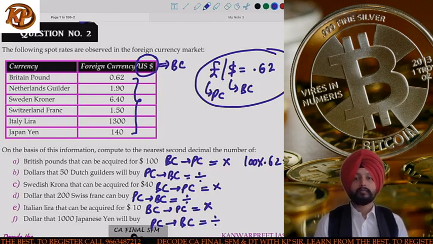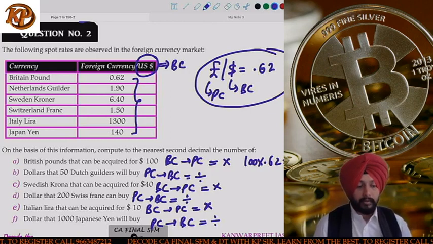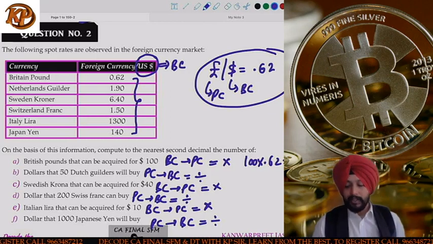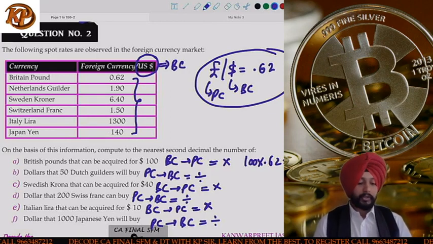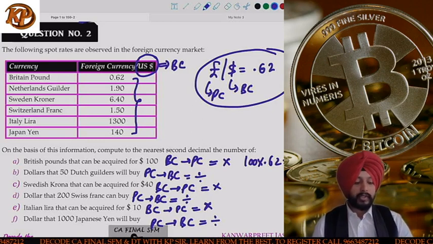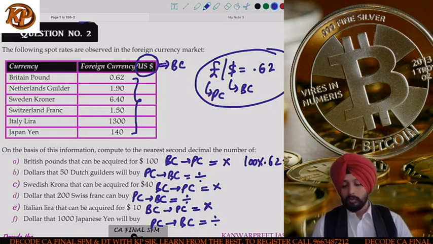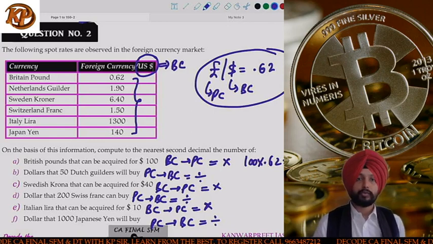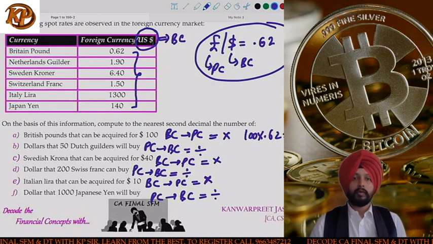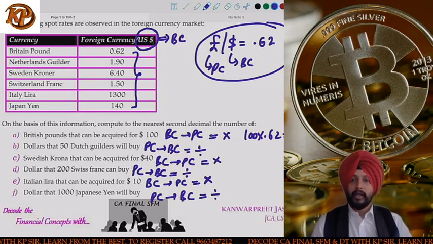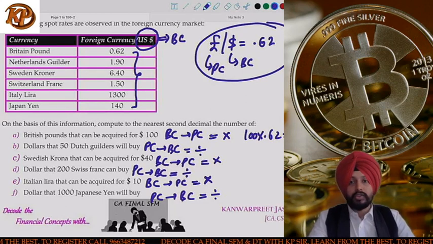Okay, let's write point number A. British pound that can be acquired is equal to 100 into 0.62, which is equal to 62.